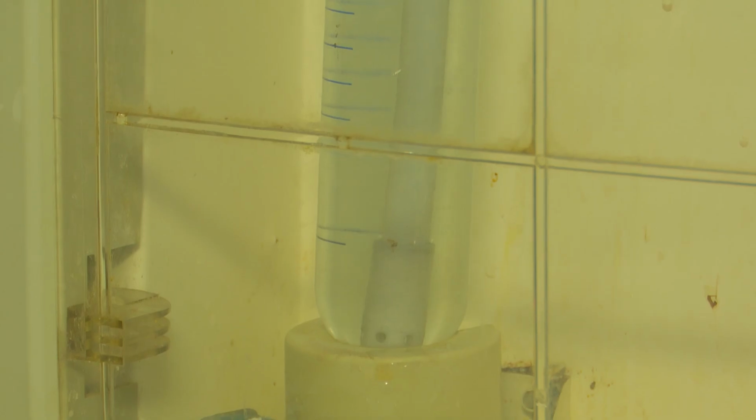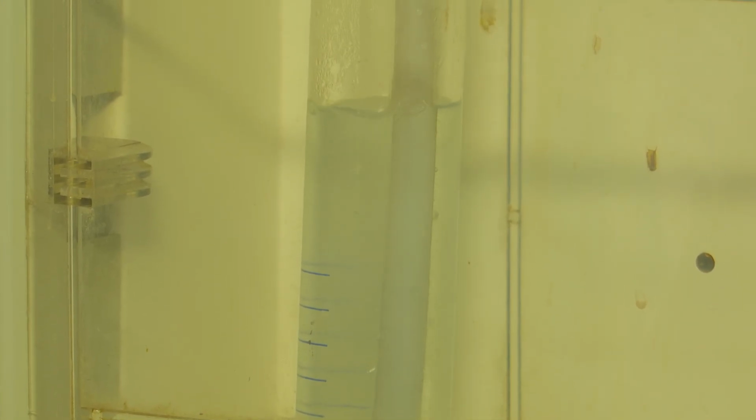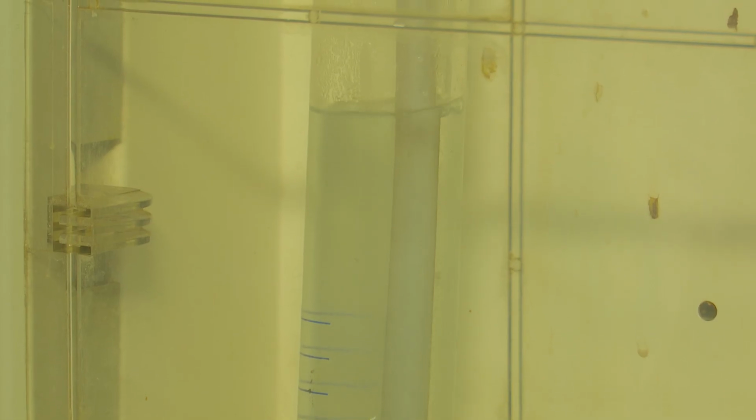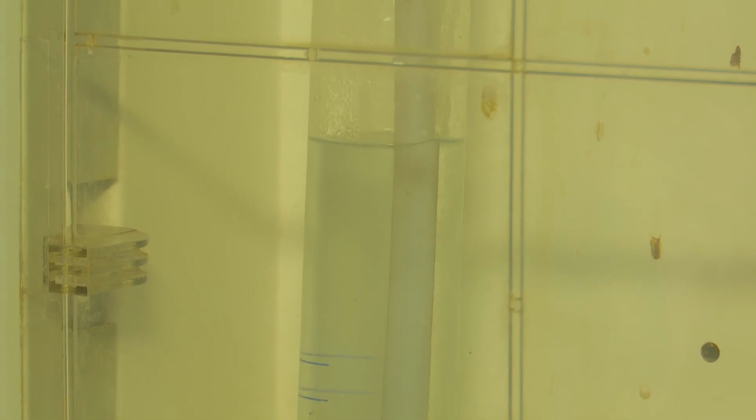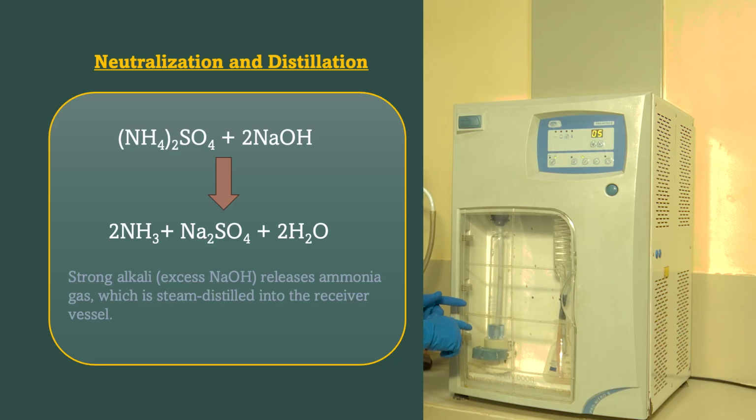To release ammonia, we first make the solution alkaline by adding a strong base, usually sodium hydroxide, to the Kjeldahl flask fixed here. This converts ammonium ion into ammonia gas.